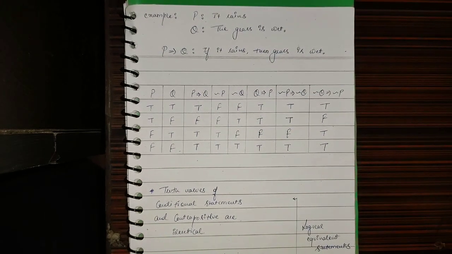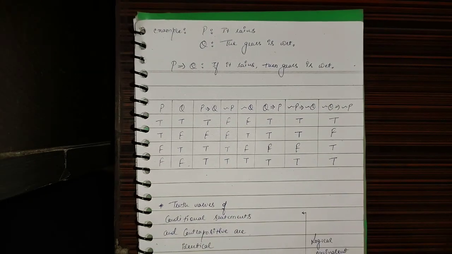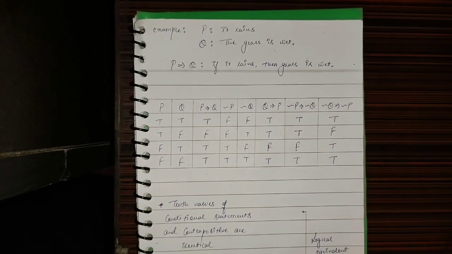Now to write the inverse and the contrapositive, we need the negation of P and Q, and it is good practice to write the negations in advance, so it won't become a hassle to convert the statement into its negation in our mind first.